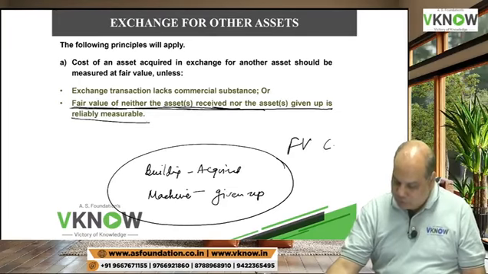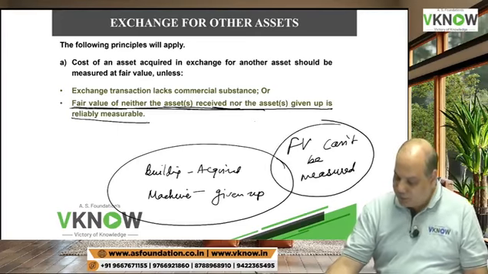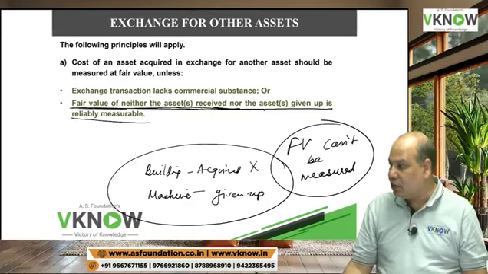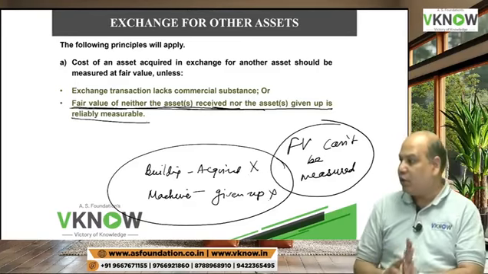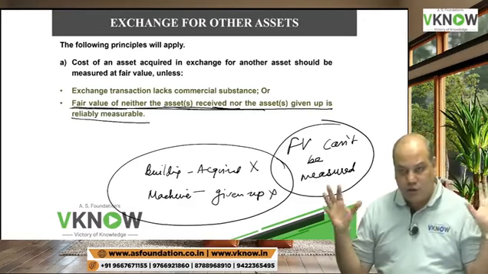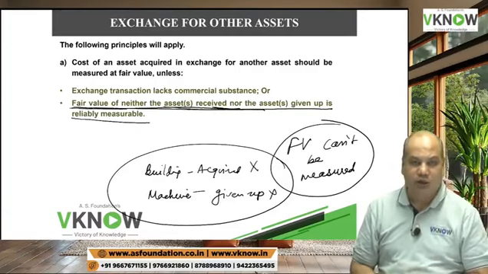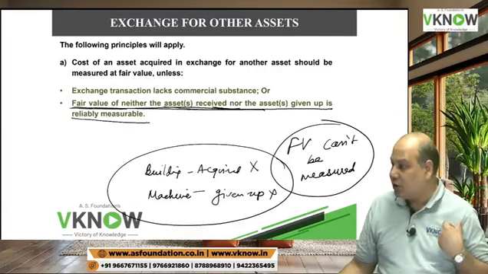Fair value can't be measured. Neither can we get the fair value of this building, nor the fair value of this machine. Sometimes if the asset is very old, it is difficult to ascertain the fair value. Then also I can't apply fair value.